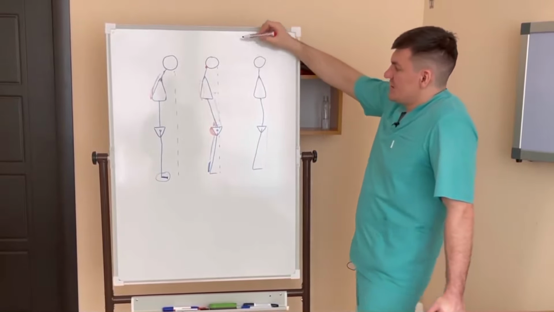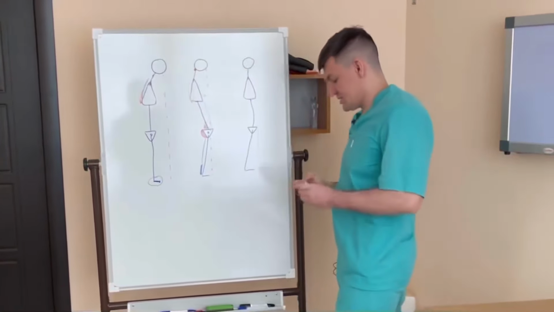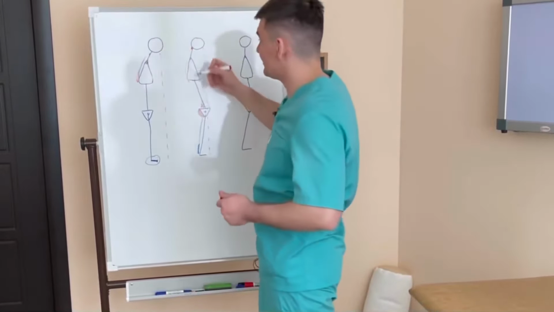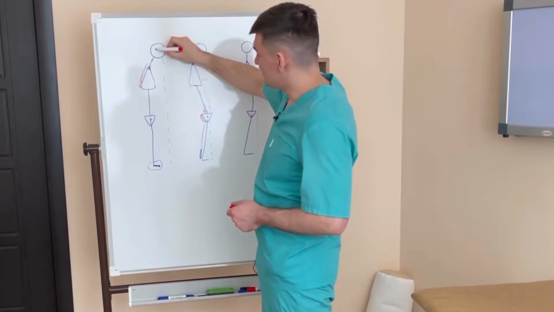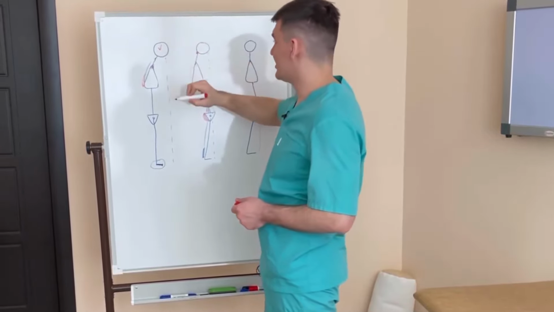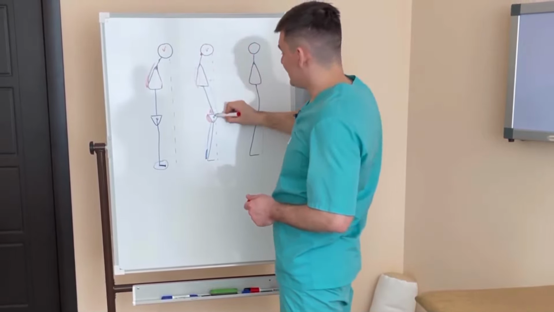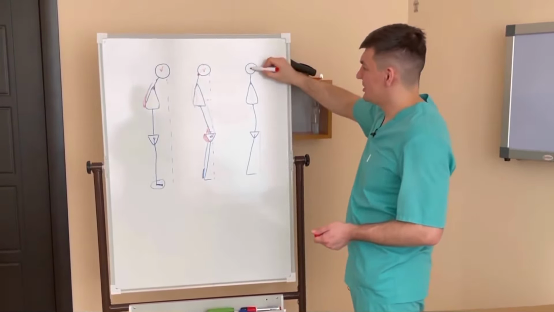That is, his head was here, right? Let's mark it. This is where his head was first shifted. Only his head was like this. Here's the head. It has shifted, but it was only his head. But now his pelvis also protrudes forward. Now he's moving his head, chest, and pelvis forward.